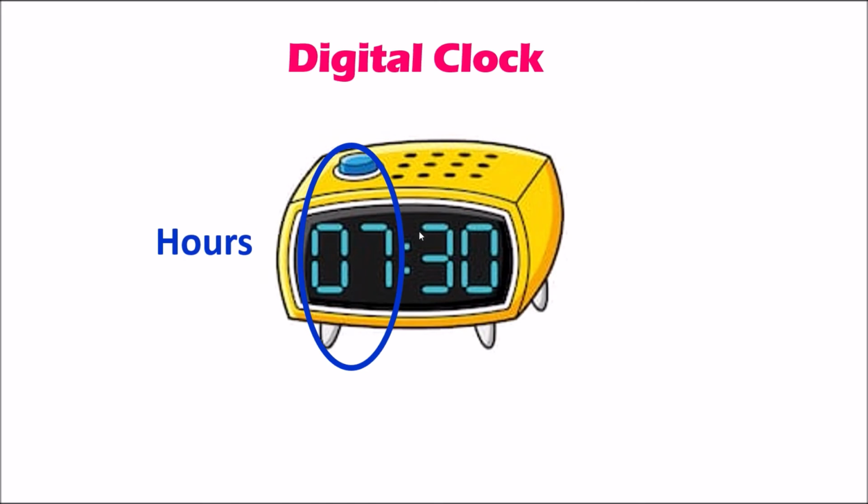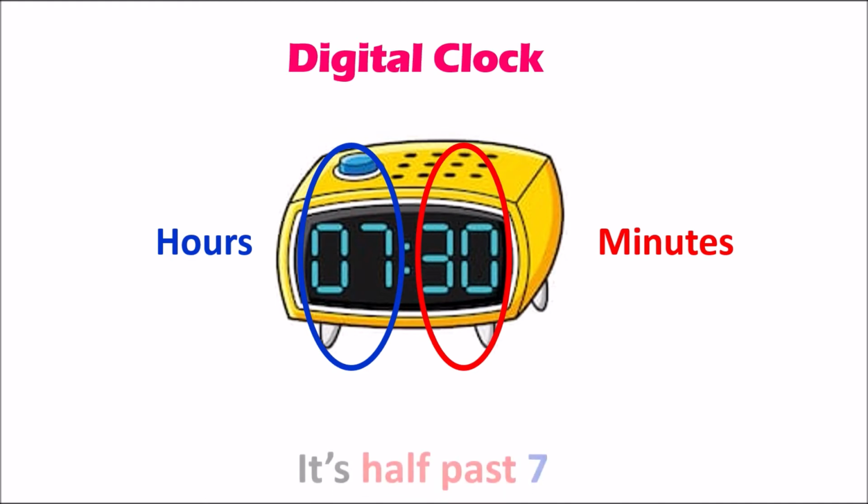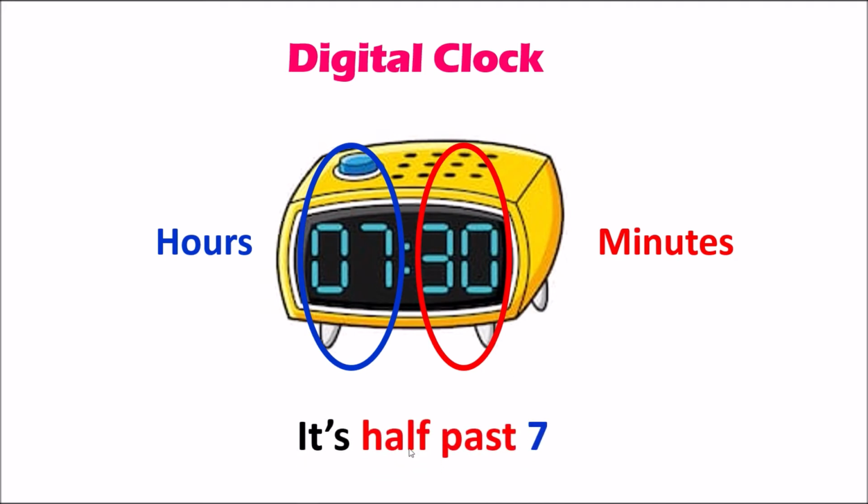And the numbers on this side are the minutes. So 7 hours have passed and 30 minutes. So we say it's 30 minutes past 7, or we just say it's 7:30.